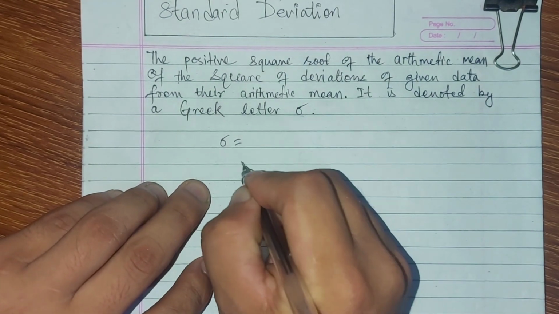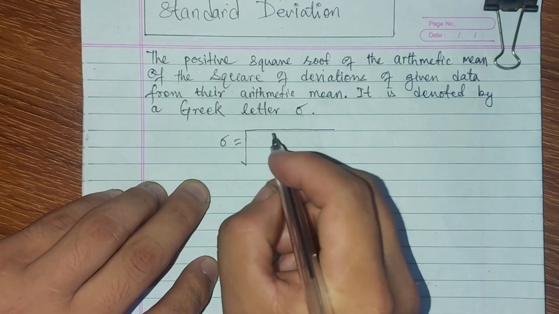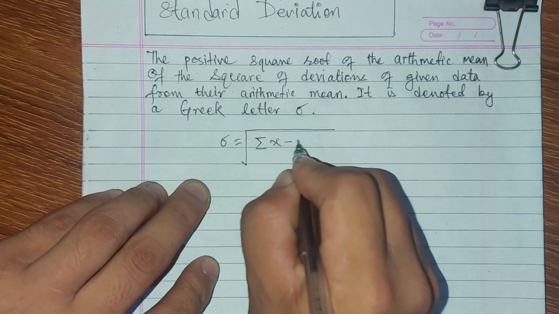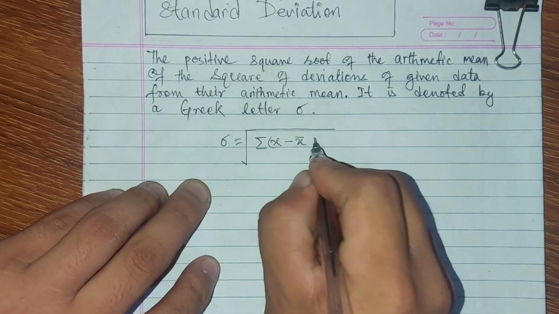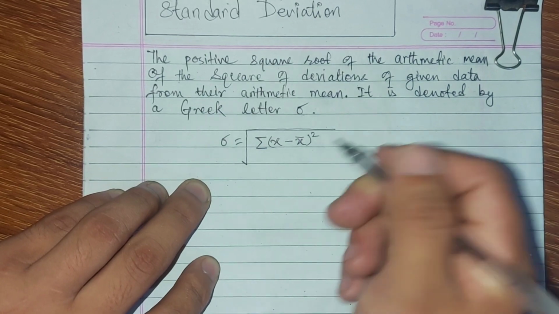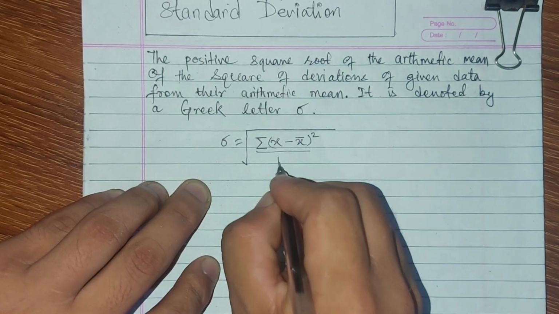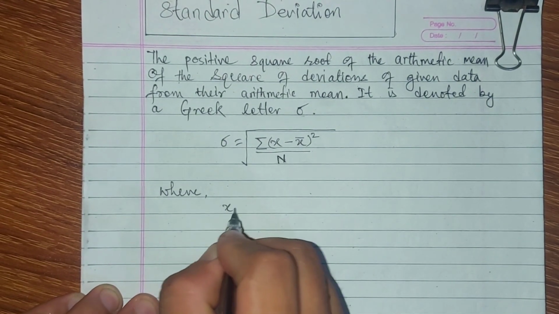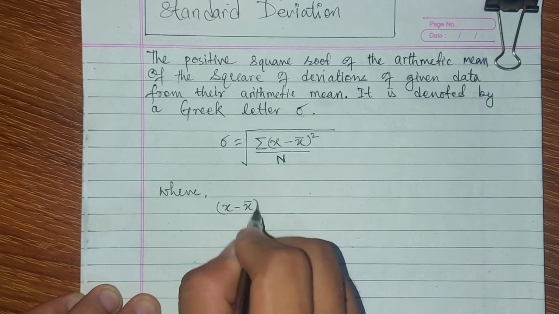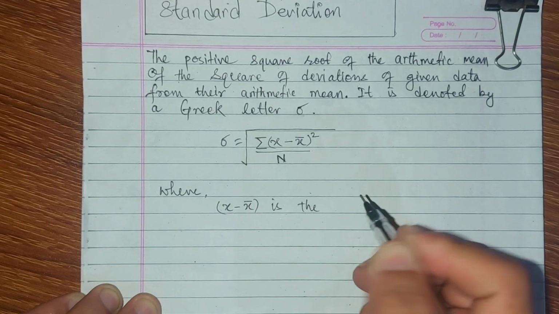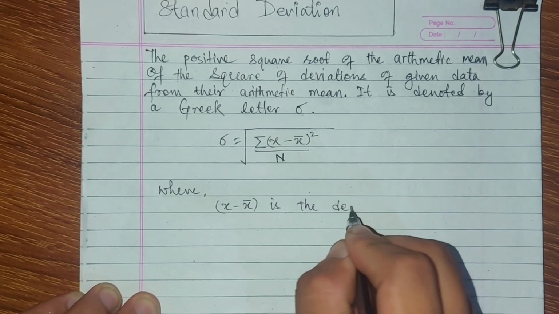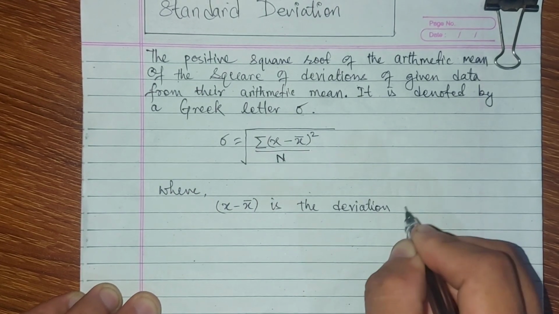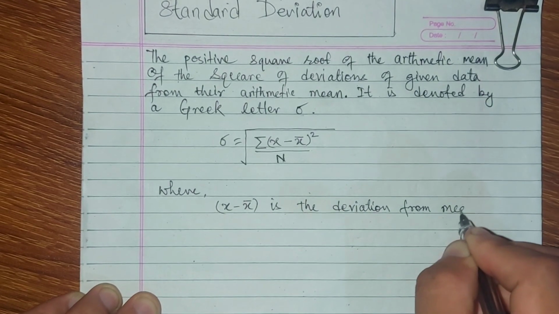So generally it is written as sigma is equal to square root of summation of deviation squared, and whole divided by n, where d is the deviations from mean.